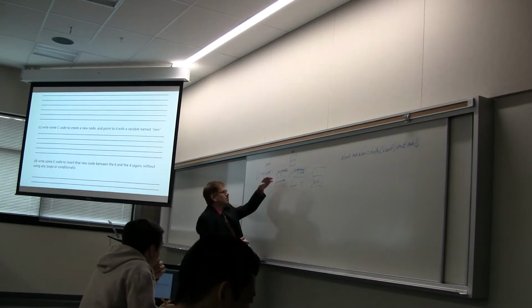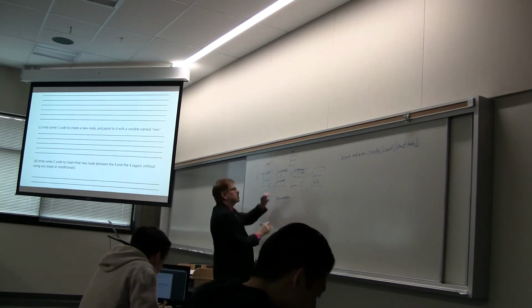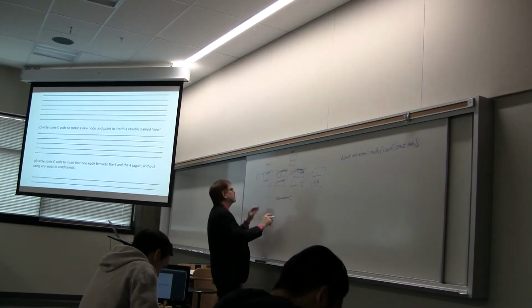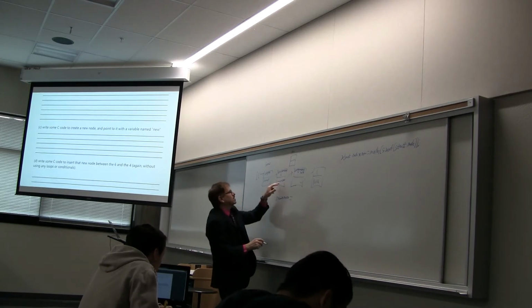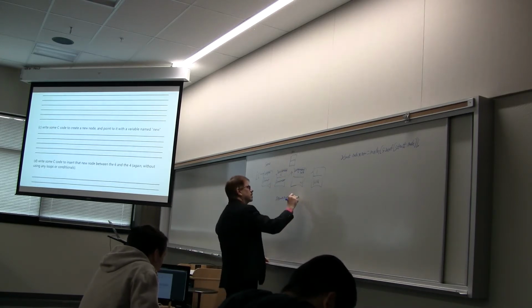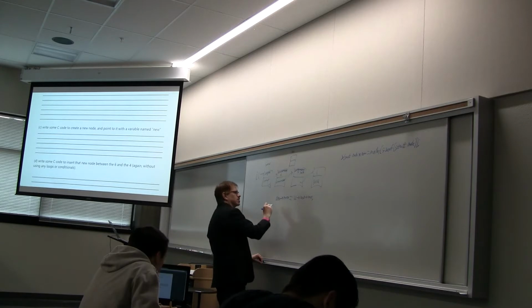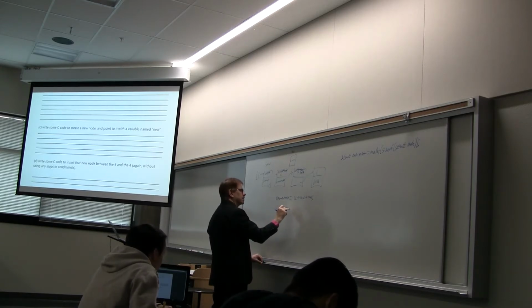So if you have this labeled from before, we can do the following: new next, which is this block down here, should equal wherever this thing is pointing, which is LL next next. And then this block should now point to new, so LL next next should equal new.